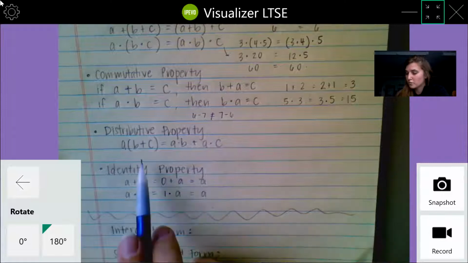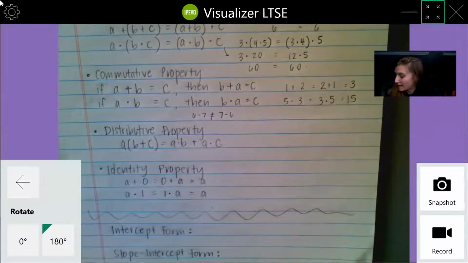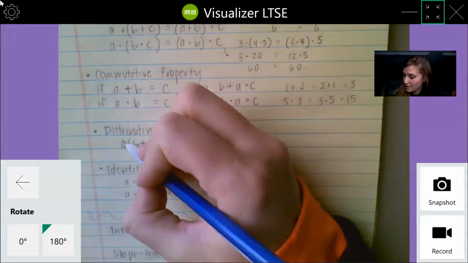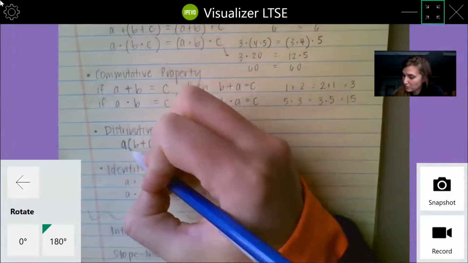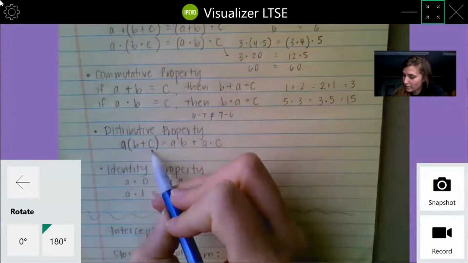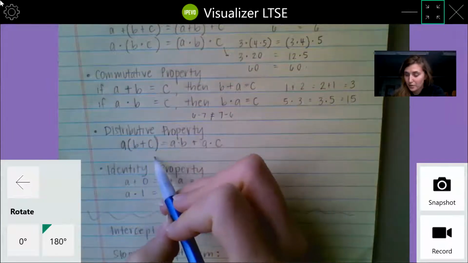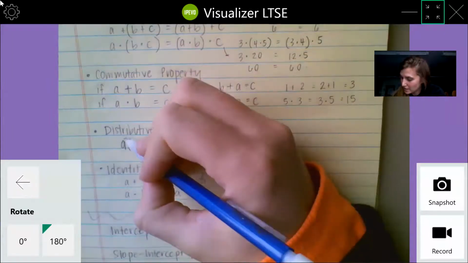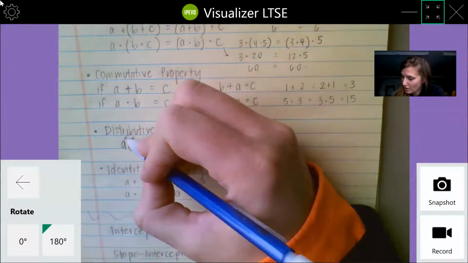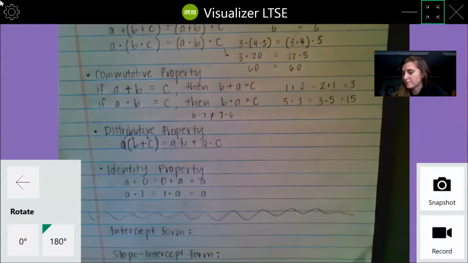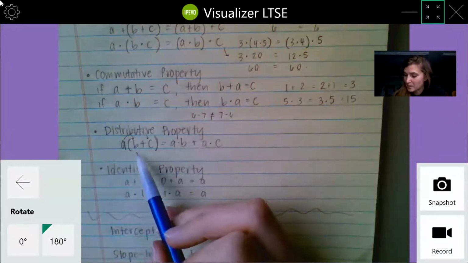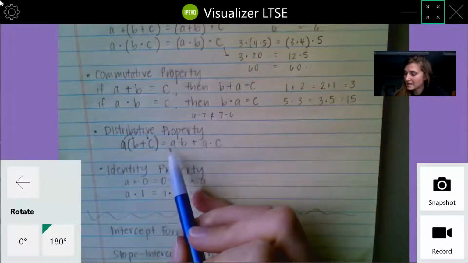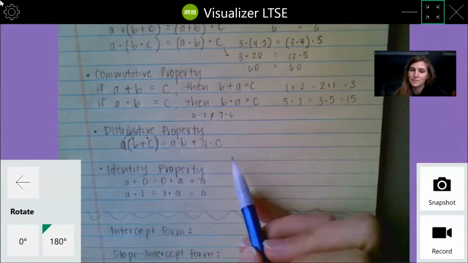And what the distributive property says is that if I have a number being multiplied by two numbers that are being added together, then I can distribute that across both of them. So A times (B plus C) becomes A times B plus A times C.